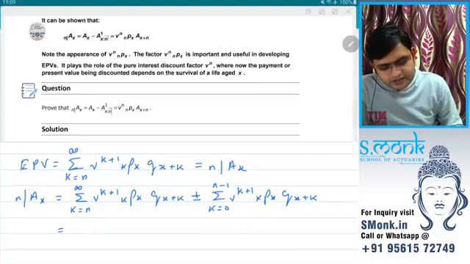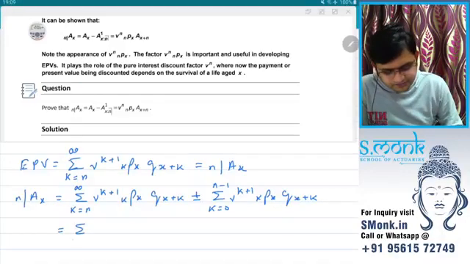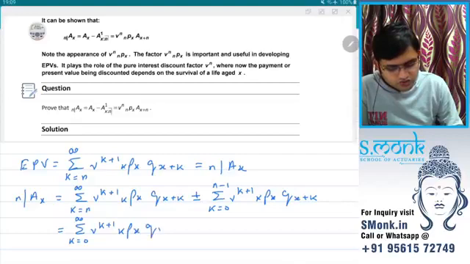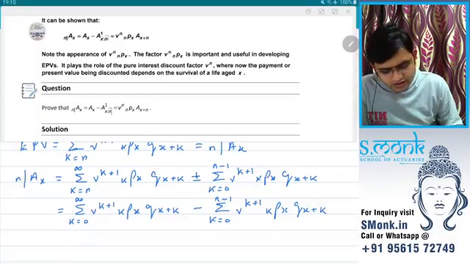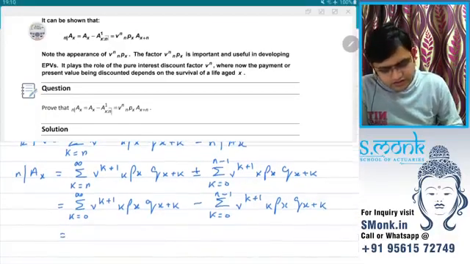If we add the 0 to n minus 1 value, one of them will go from k equal to 0 to infinity v raised to k plus 1 kpx qx plus k, and then minus summation k going from 0 to n minus 1 v raised to k plus 1 kpx qx plus k. This is ax minus ax dash n.